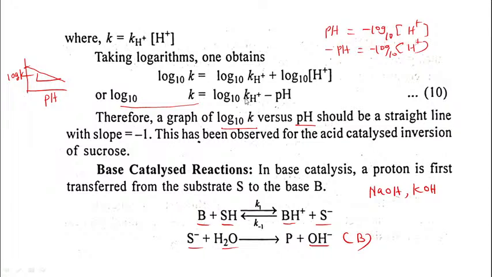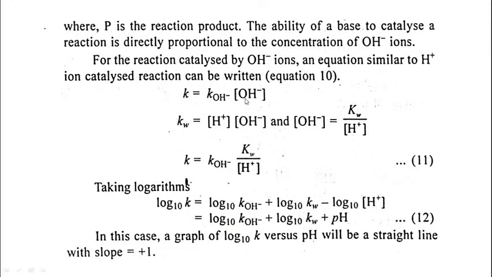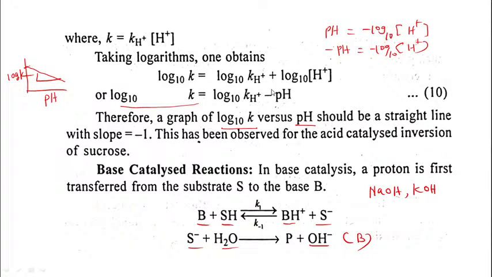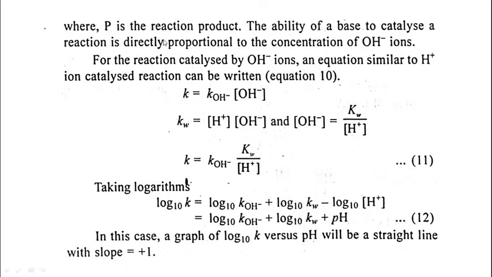Similar to equation 10, we can obtain K equal to K OH minus into the concentration of the hydroxyl ion, similar to K equal to K H positive into the concentration of the hydrogen ion, where K H positive is called the catalytic coefficient of the hydrogen ion. So now this K becomes equal to K OH minus into the concentration of the hydroxyl ions.